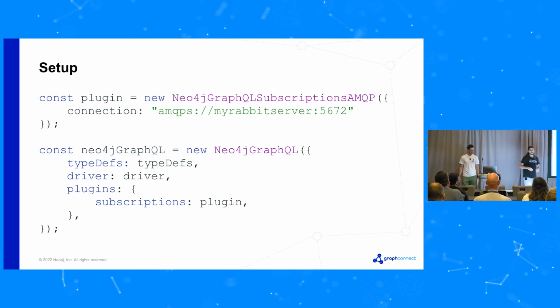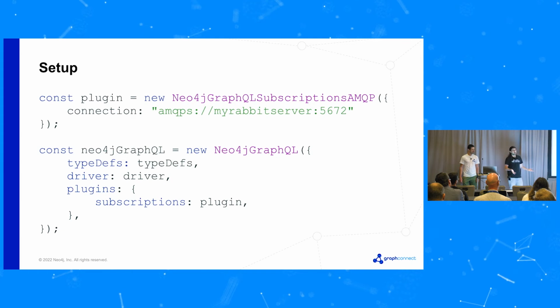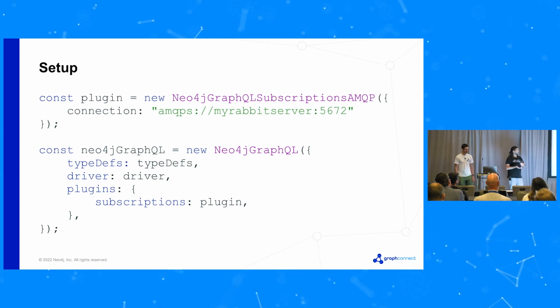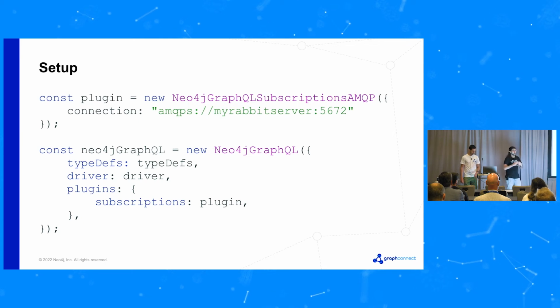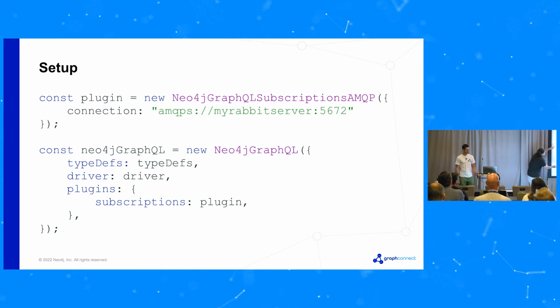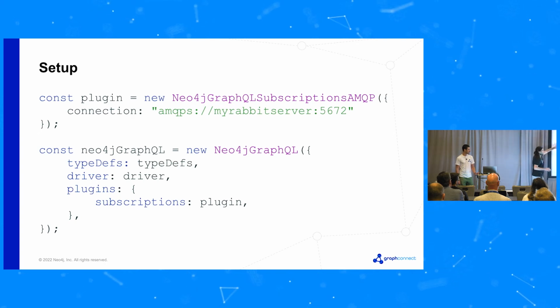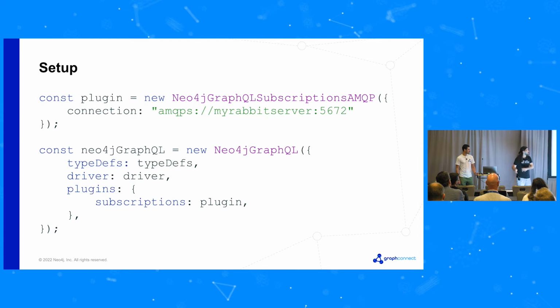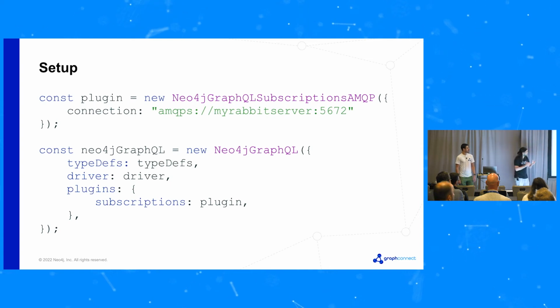The whole library is built with this already in mind. The way you set subscriptions to be active when setting up the library is through a plugin system. This chunk of code, for whoever is not familiar, is the code that you usually write to set up the Neo4j GraphQL library to create a schema that will be fed into your GraphQL server.